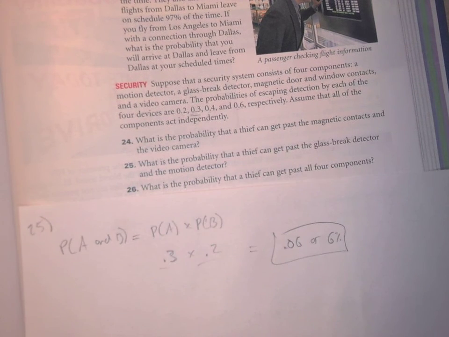Okay. So again, the idea is if the events are independent, multiply each probability separately, and you'll get your probability of both happening. It's essentially the fundamental counting principle, only with probabilities instead of just outcomes. So, it works kind of the same way.